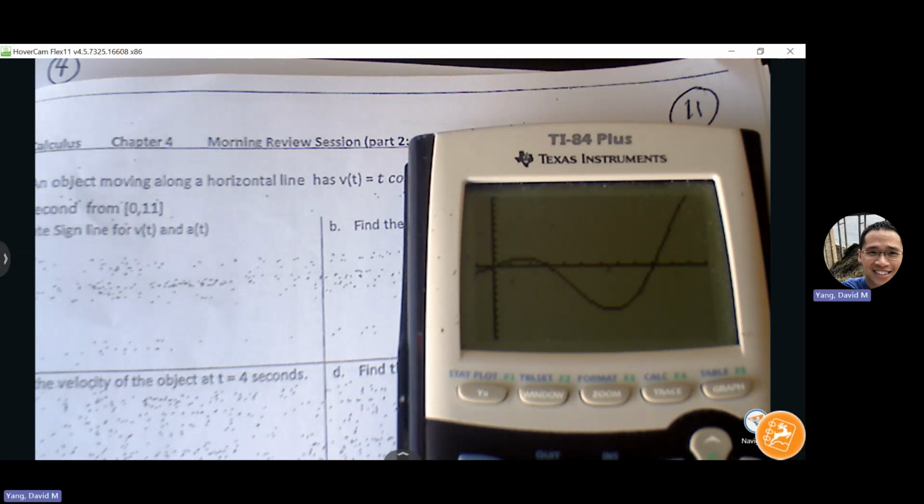Go to window, and then set your x min and x max to -1 and 12, just so you can see around the edges. Now you should have a graph. You see how this is getting cut off here? We can make the y min go a little lower, like -10 or something.